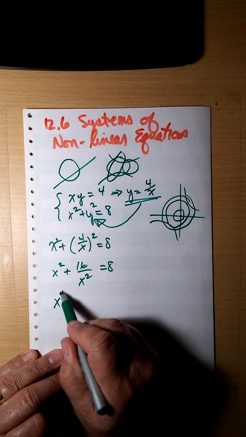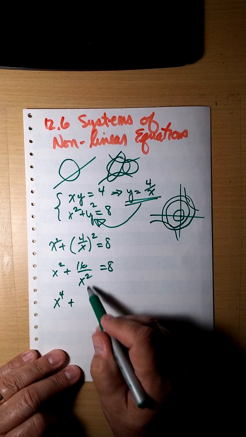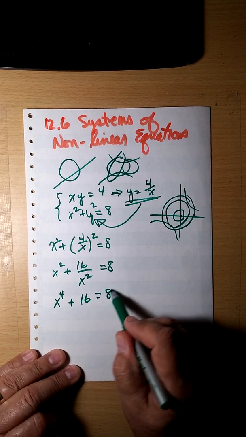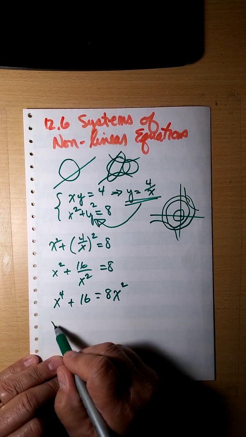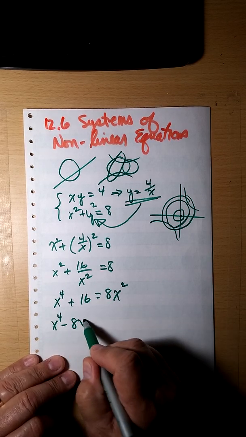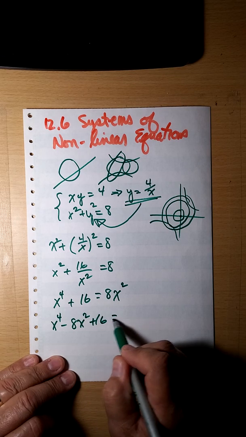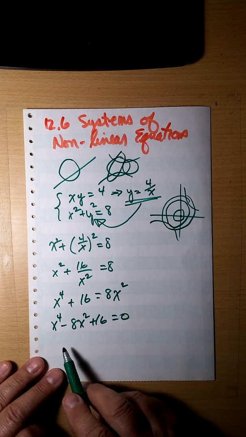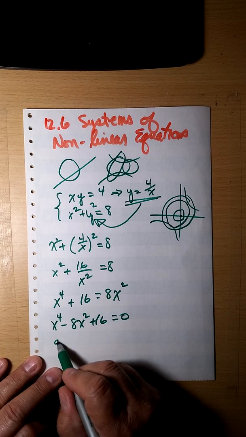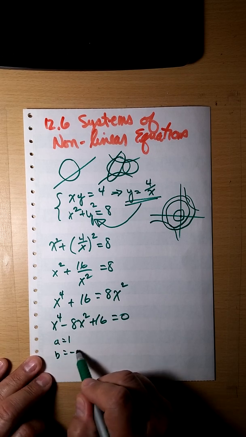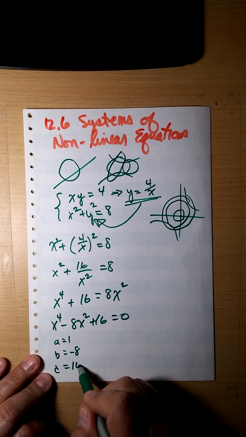So x to the 4th. Now the x squareds cancel here, so it's 16, and this is 8 x squared. Let's move that to the other side. X to the 4th minus 8x squared plus 16 equals 0. This looks like a quadratic. So we can say that a is 1 and b is negative 8 and c is 16.